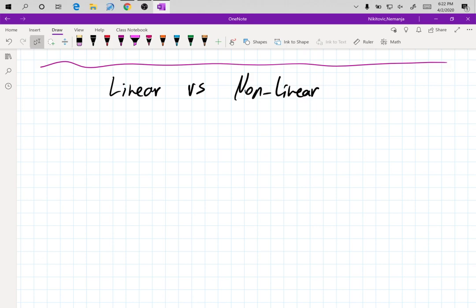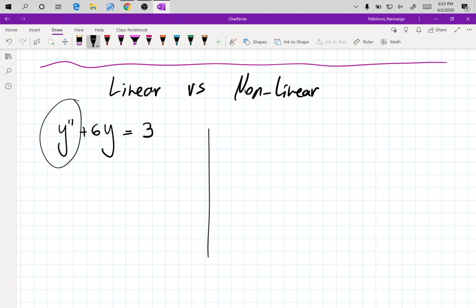So linear versus nonlinear. y double prime plus 6y equals 3 is linear. This term has a single derivative, this one has just a function, we're good to go. 4xy prime minus 2y equals cosine x, also linear.